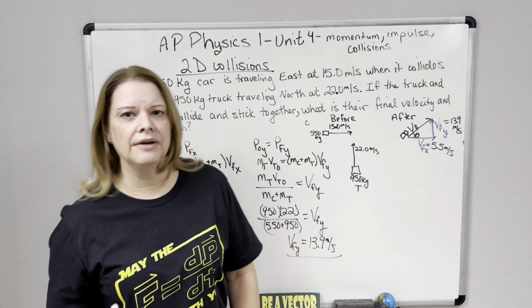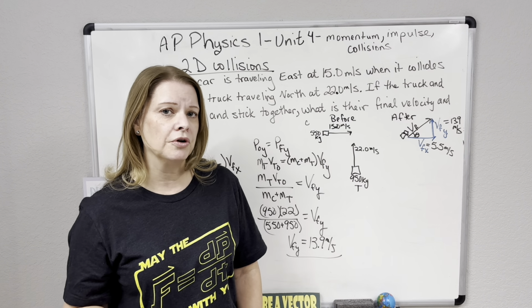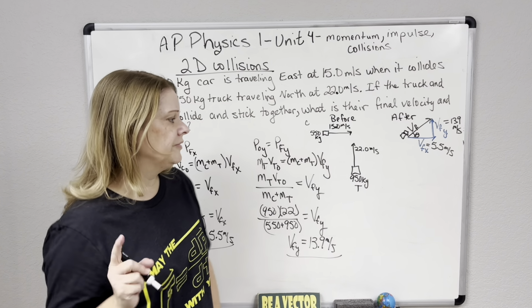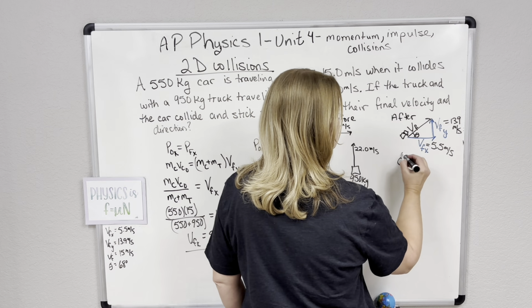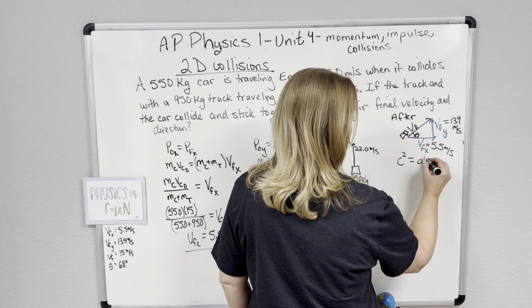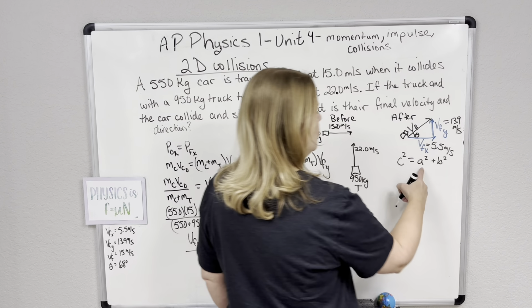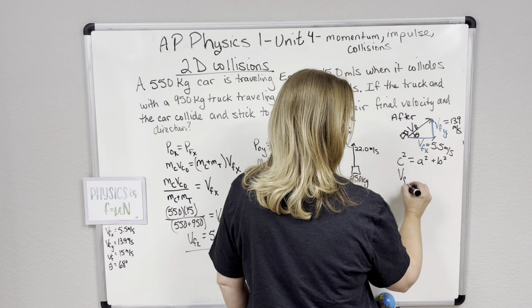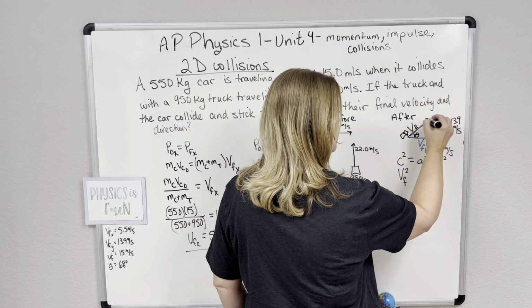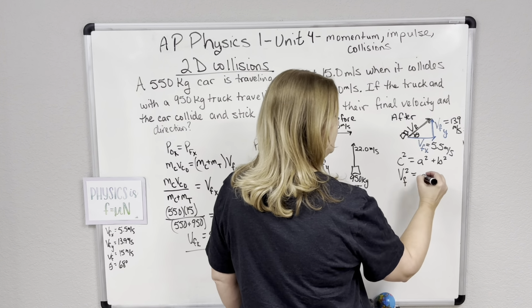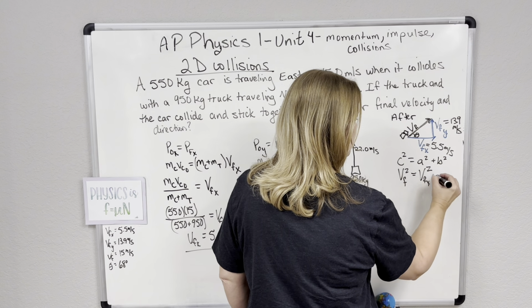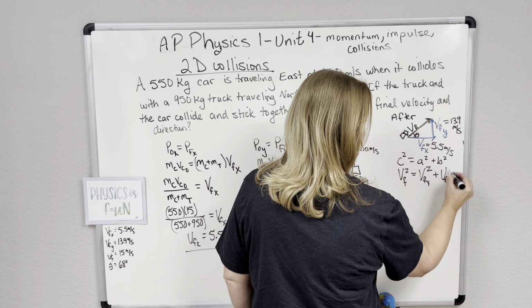Okay, now we have the horizontal component, we have the vertical component. We can Pythag this thing and do Pythagorean's theorem. C squared equals a squared plus b squared, right? Well, really, for us, it's final velocity squared, the hypotenuse, equals this final velocity in the x squared plus this final velocity in the y squared.